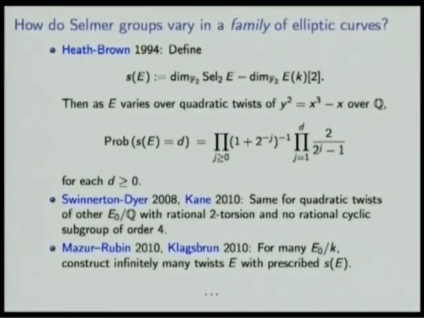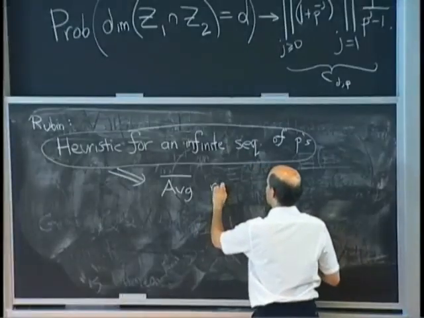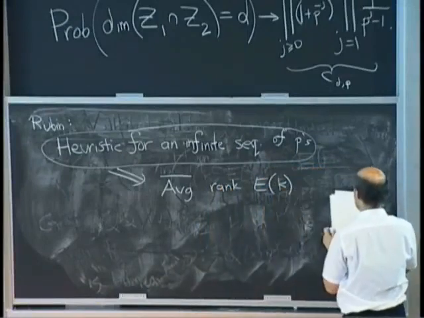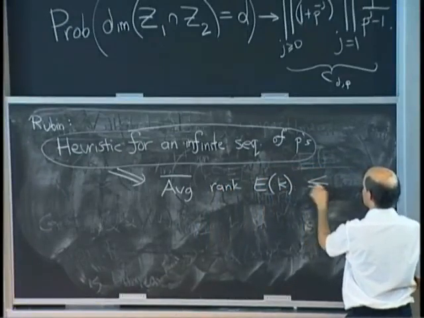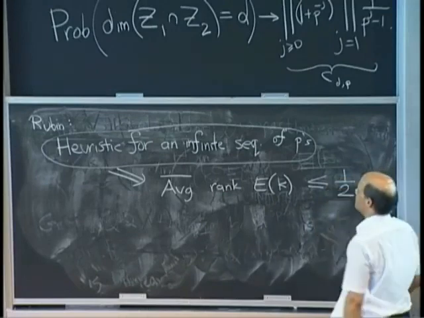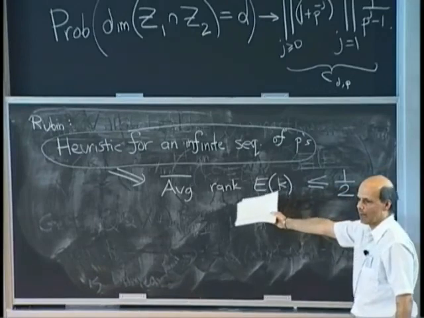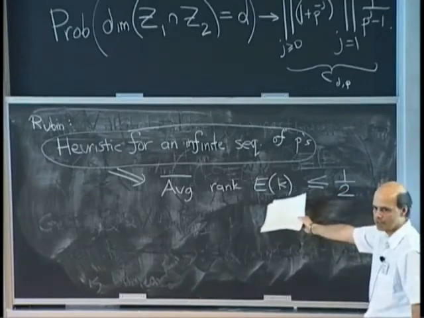And so this implies that the average rank of elliptic curves, as you vary elliptic curves over a fixed number field, should be at most 1/2, because that's what the average Selmer rank is. This has to be bounded by the average Selmer rank.